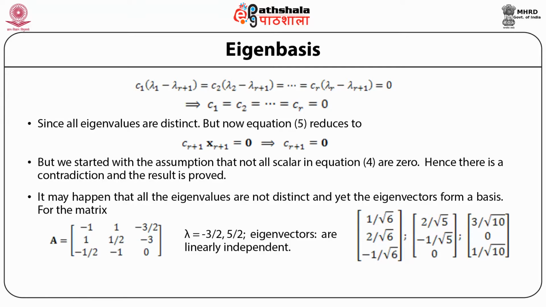The second one is 2 divided by square root of 5, minus 1 divided by square root of 5 and 0. The third one being 3 divided by square root of 10, 0 and 1 divided by square root of 10, are linearly independent.